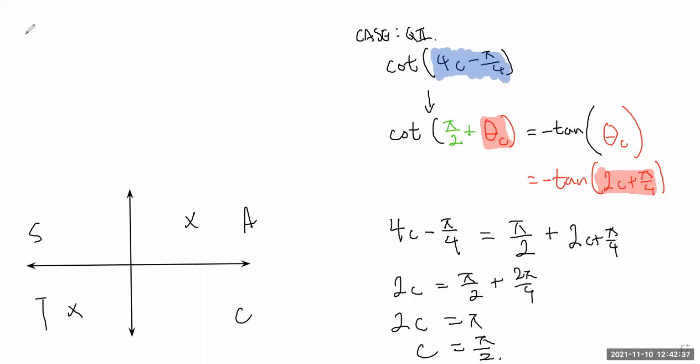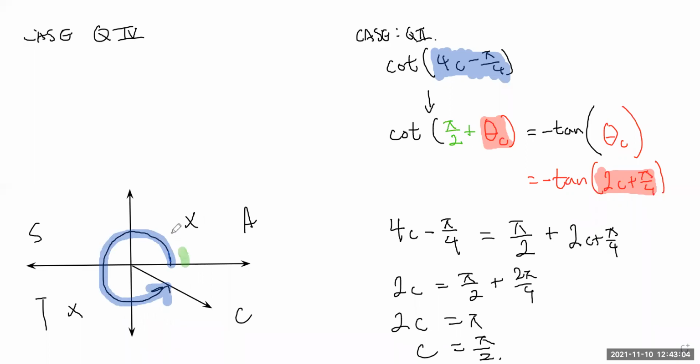This time we're going to pretend that case number 2, we are going to be in quadrant 4. So my arrow is now down here. Let's pretend that I have this as my blue arrow, as my blue highlighter, which means my green is no longer pi over 2.